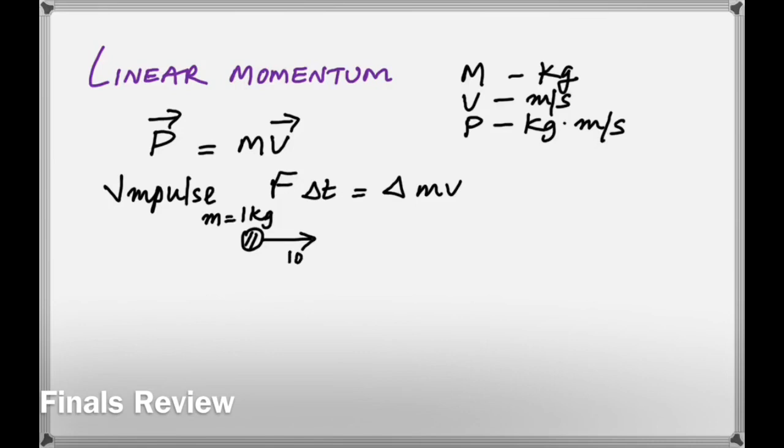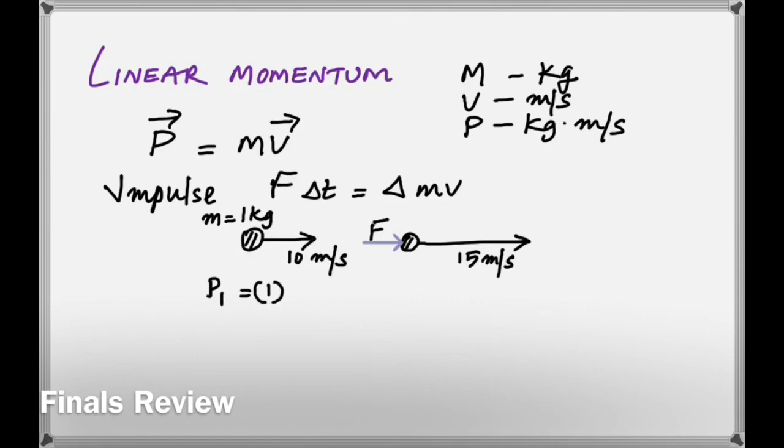And here is a question. Mass is taken as 1 kilogram, and this object is moving at 10 meters per second. And then you apply a force in the same direction, and therefore the velocity increases to 15 meters per second. And you're asked to find the time for which it acts.